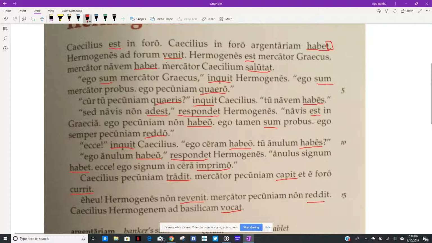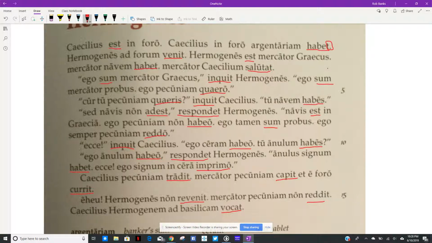Hermogenes ad forum venit. So Hermogenes venit, he comes ad forum, to the forum, right? Venit comes, right? Julius Caesar said, Veni, vidi, vici, I came, I saw, I conquered. So venit came. So, sorry, here it's comes, it's present. So Hermogenes comes ad forum, to the forum. Hermogenes est mercator Graecus. Hermogenes is a merchant Greek, so a Greek merchant, we're saying, right? Remember in Latin, the adjective usually comes after the noun that describes.